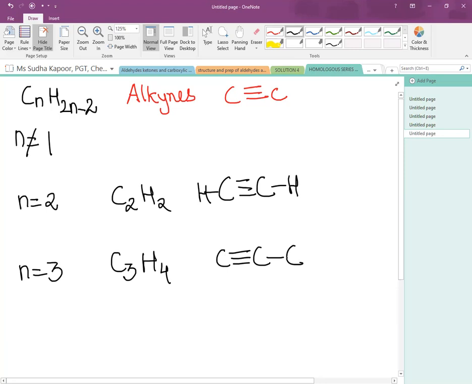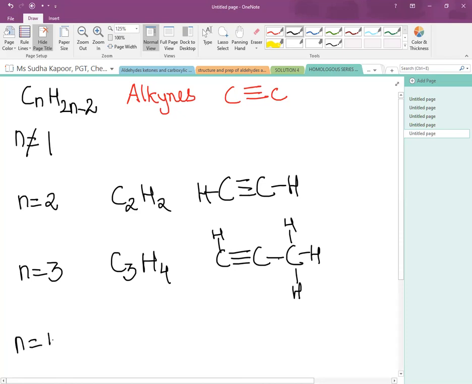Then we will count how many hydrogens are required here. On this end carbon, there will be 3 hydrogens. In the center carbon, all the 4 bonds are already present. Now in the first carbon, there is presence of only 1 hydrogen because there are already 3 bonds present. So the formula is C3H4.